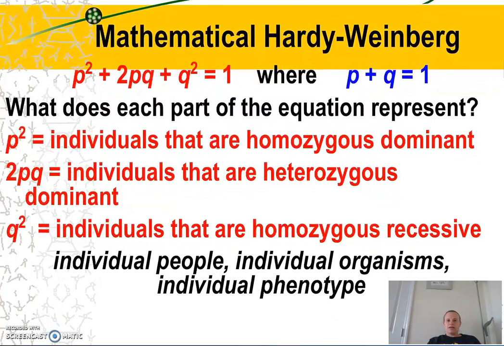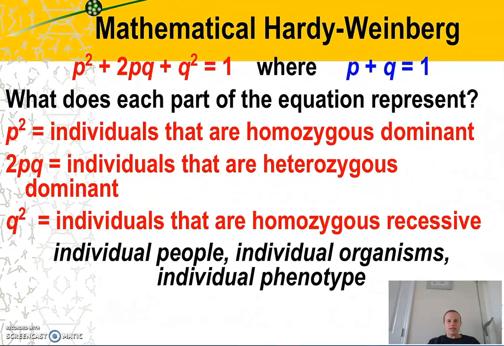So here's the math of Hardy-Weinberg. It involves 2 separate equations. The first equation: p squared plus 2pq plus q squared equals 1, where p plus q equals 1. So what does each part of this equation represent?